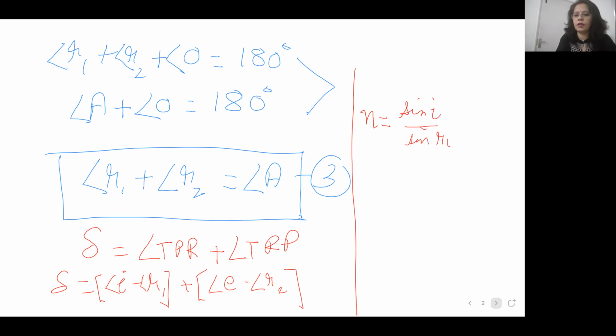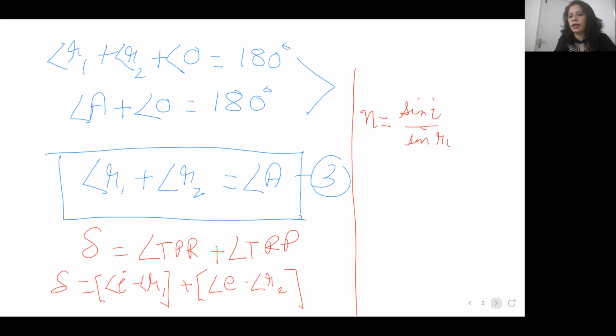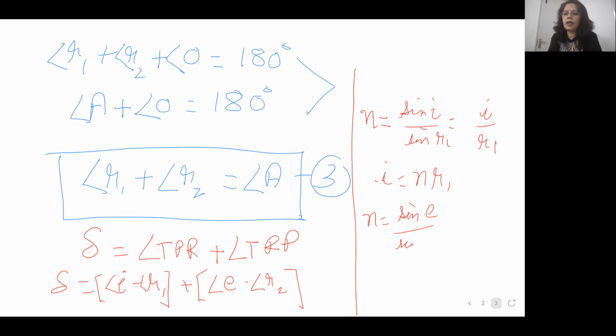Because the angle is very small, we can write I upon R1. So I is equal to N R1. Similarly, N is equal to sine E upon sine R2, so we get E upon R2. So E is equal to N R2.